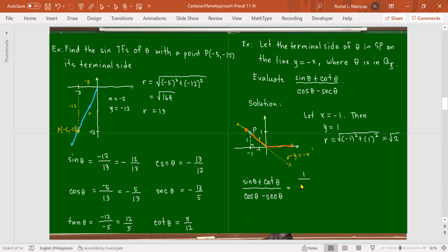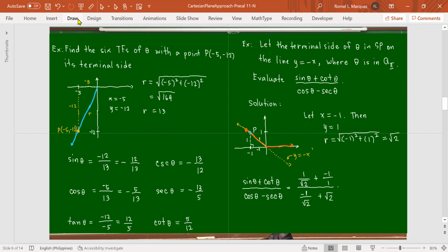1 over square root of 2. Is that right? Yes, sir. Cotangent is negative 1 over 1. This is negative 1 over square root of 2. And then minus, of course, just take the reciprocal. It is now positive, right? So how to simplify?